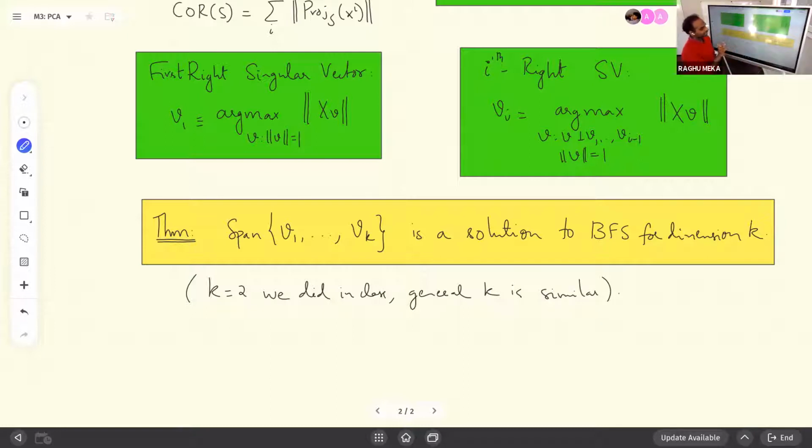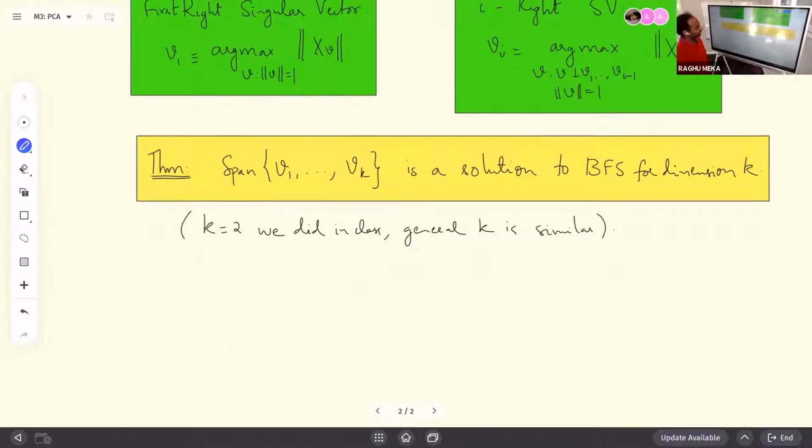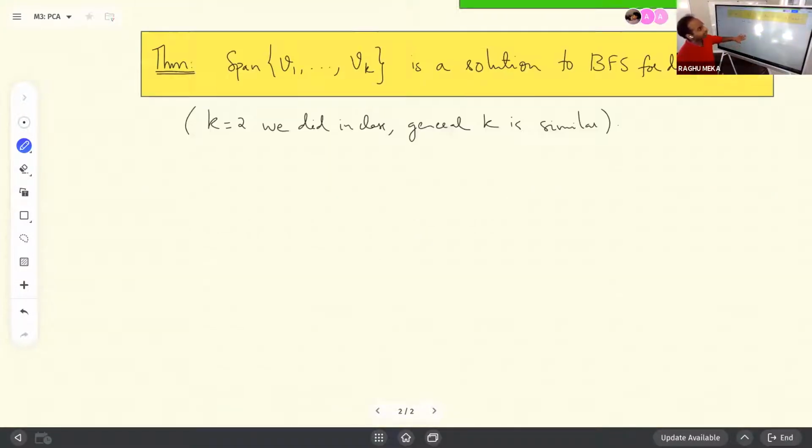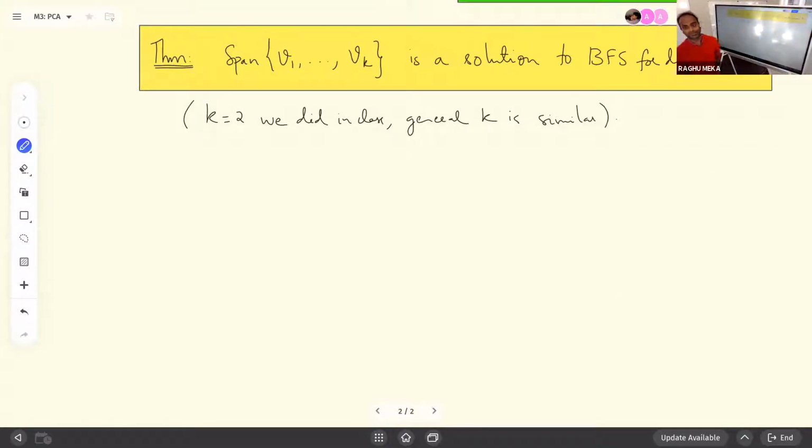So far we have a handle on best fit subspace through this problem of finding singular vectors. But this still doesn't say how to find these right singular vectors, right? So first we need to figure out how to find even a singular vector, and then figure out how to find the subsequent singular vectors. We'll address all of these questions in one shot via a completely different problem.